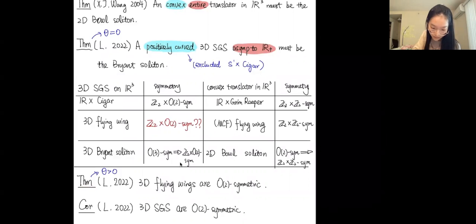For this theorem, it tells us that if theta equals 0, where theta is the asymptotic cone angle, then it is a Bryant soliton. So Bryant soliton is O2 symmetric, right? So that tells us that theta equals 0 implies O2 symmetric.